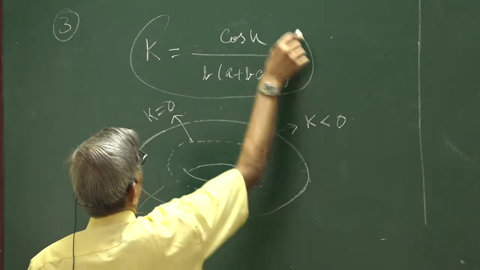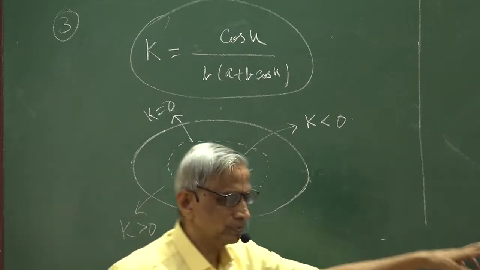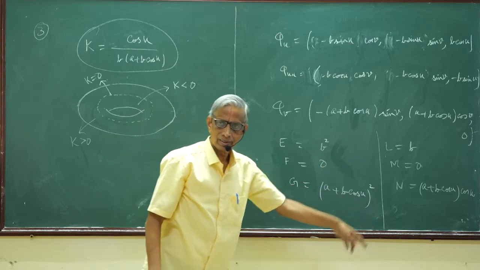So this is what you will get: various values of E, F, G, L, M, N.